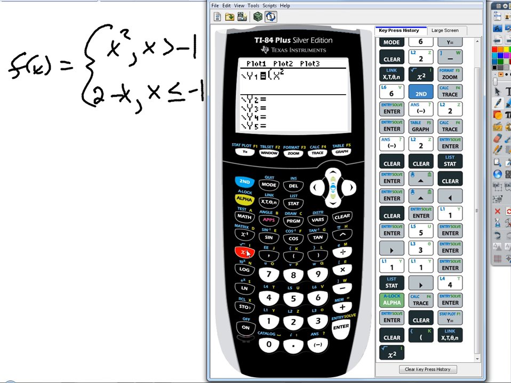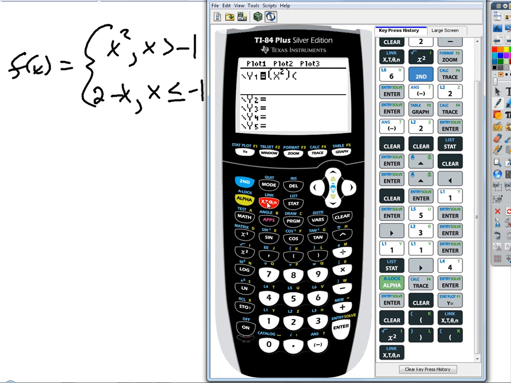Yeah, okay, that's right. So I close the parentheses. There's my function. In parentheses next to that, I just put the domain. So that's going to be this part right here. So I would put x is greater than -1.